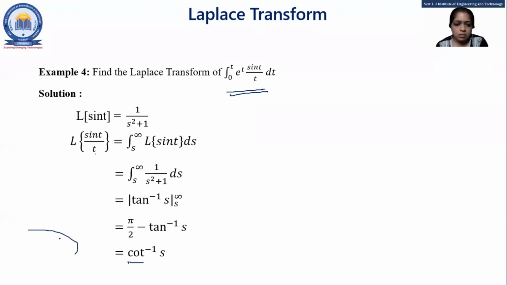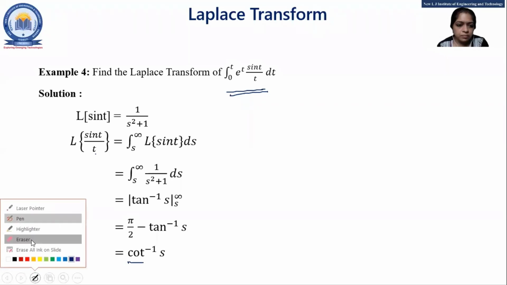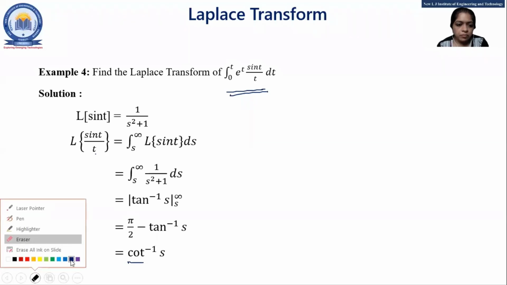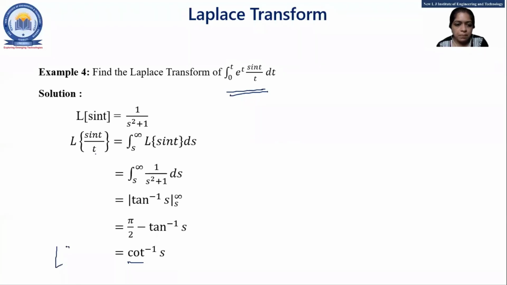But what is our question? This is Laplace of sin t upon t. But our question is e raised to t into sin t upon t. So we have to first apply the first shifting theorem.